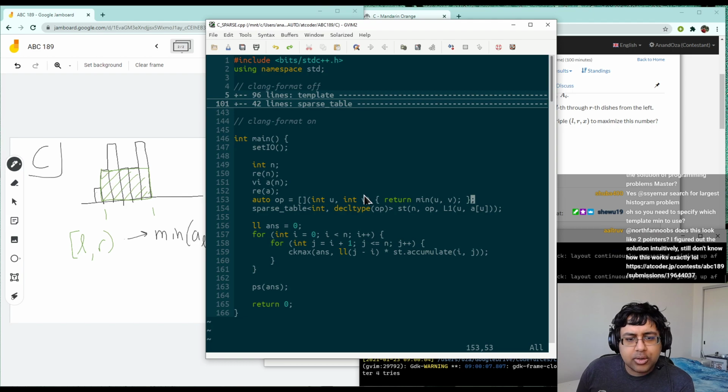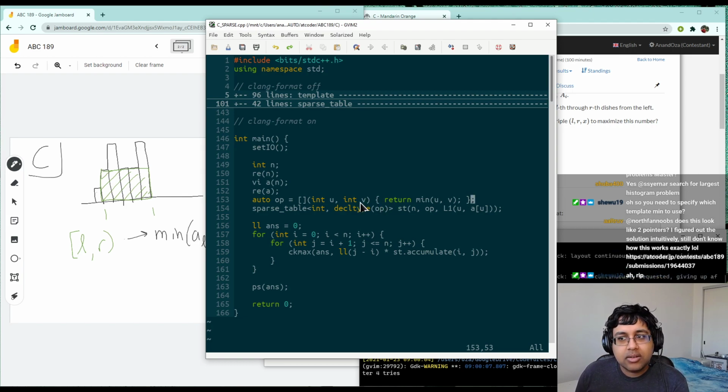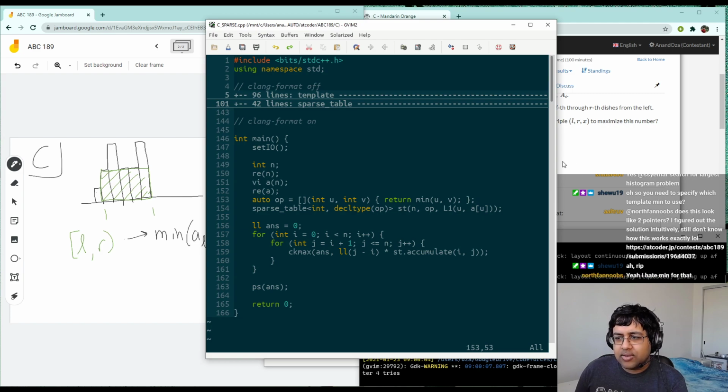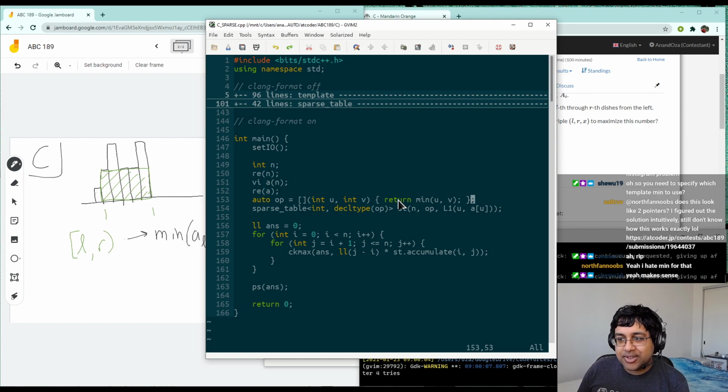Yeah, because there are a bunch, right? This one would be like min of int comma int, but there's a lot of other stuff. So it's basically easier to just do this, honestly. It's a little bit more straightforward, and you don't have to remember where to put the asterisks and everything.